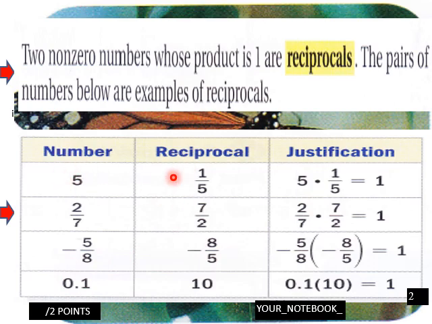These are flipped to become a reciprocal, so 5 times 1/5 is 1, and this is the check. Negative 5 over 8 times negative 8 over 5 equals 1. 0.1 times 10 is basically 1 over 10 times 10 equals 1.